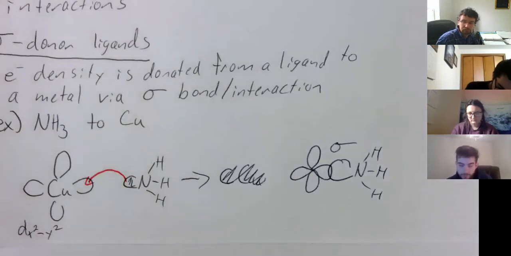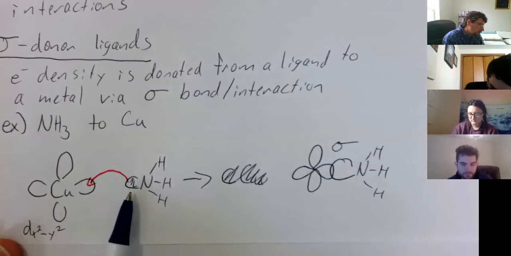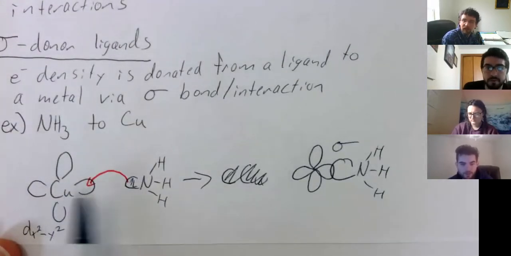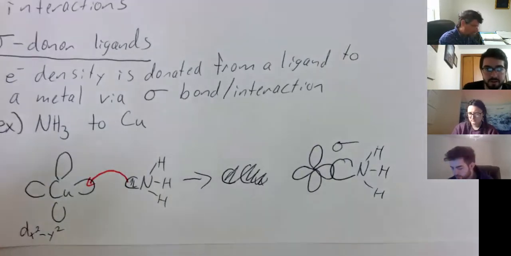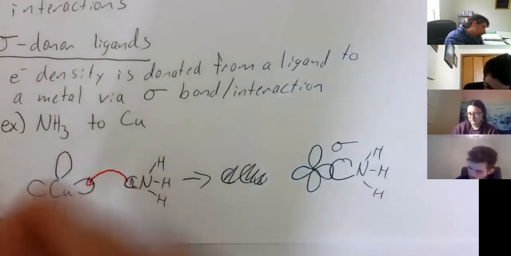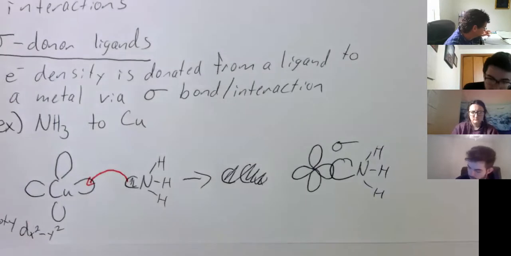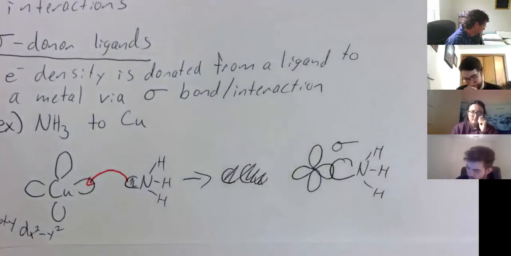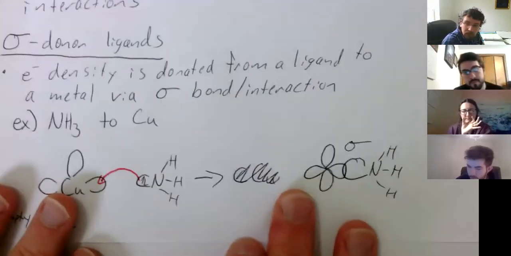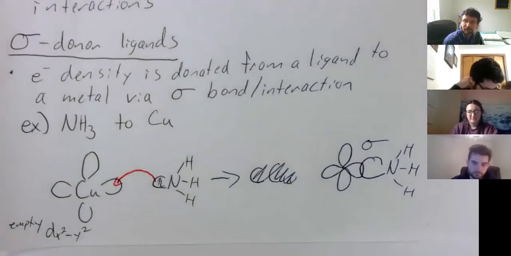It's going from the nitrogen to the copper because the copper doesn't have that electron density. So this is empty, going to the d orbital. Exactly. Empty d orbital.